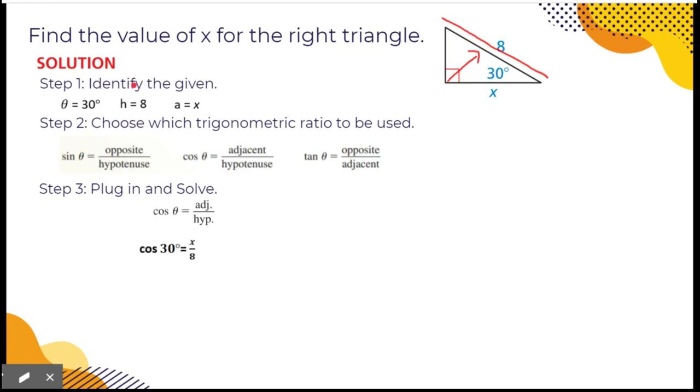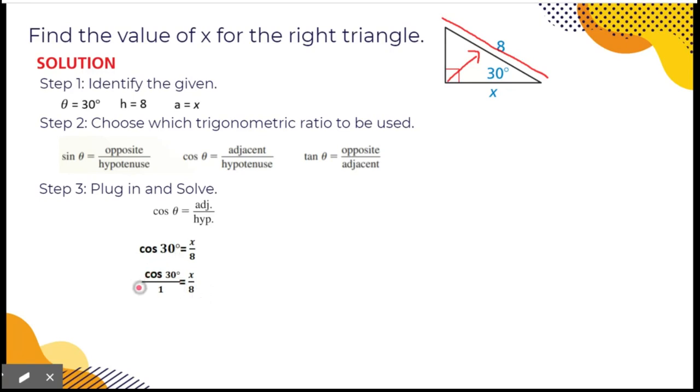We have cosine, the value of our angle is 30 degrees, equals x, which is our adjacent, all over our hypotenuse, which is equal to 8. To solve for the value of x, we need to put a denominator here, which is an invisible 1. After we put our denominator, we apply cross multiplication.